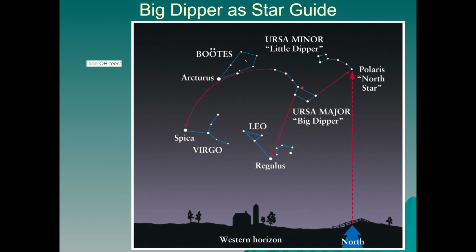The only other one on here is, you have these 2 pointer stars that go to Polaris, but if you take the other 2 stars in the cup of the Big Dipper and point them in the other direction, that will point you to Regulus, which connects the body of Leo the lion to its head. Here's the big mane of the lion's head, and this connects its body, and there's the hind quarters of the lion.